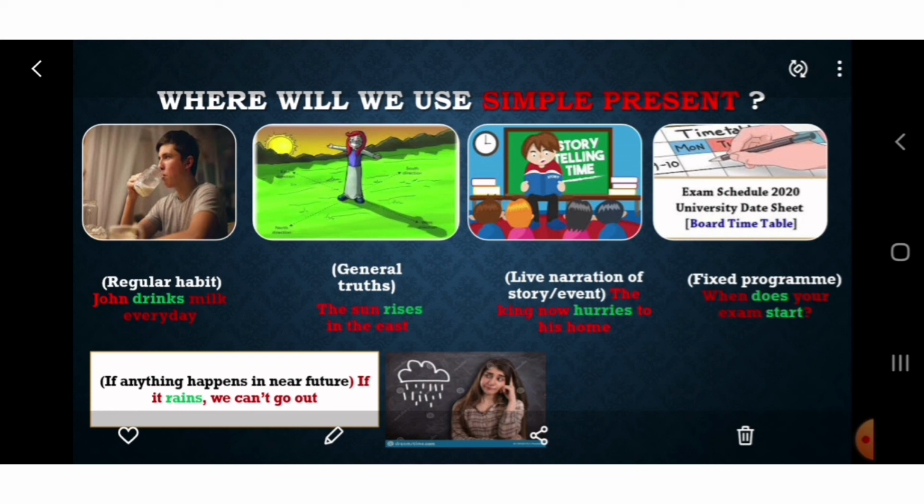Next, in the fifth picture, we can see that a girl is thinking something about rain, right? So if anything happens in the near future, for example, if it rains, we can't go out. It's not raining right now, but it may rain just now. So just in the near future, he's just imagining, maybe the rain may take place.